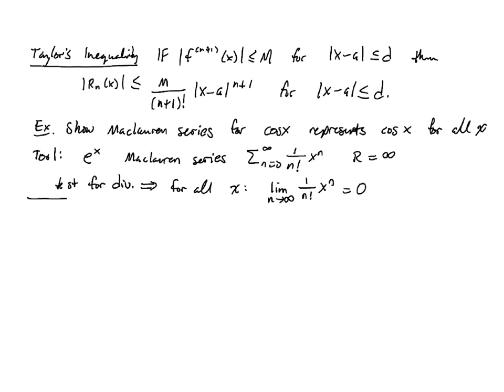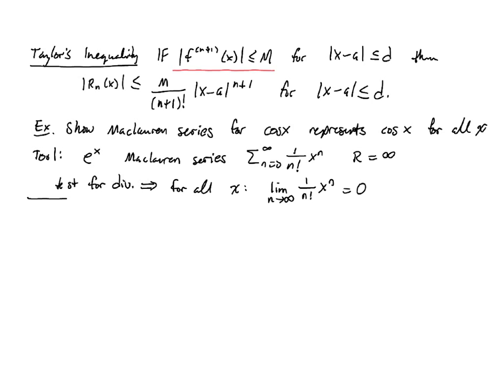So, when I want to understand the Maclaurin series for cosine of x, and this is written out in the textbook, we actually don't need to know what the Maclaurin series is. What I need to do to use Taylor's inequality is find an M that satisfies this inequality for all x's.